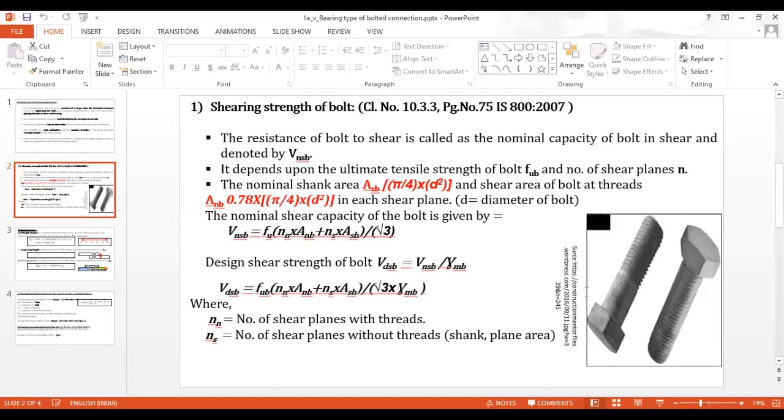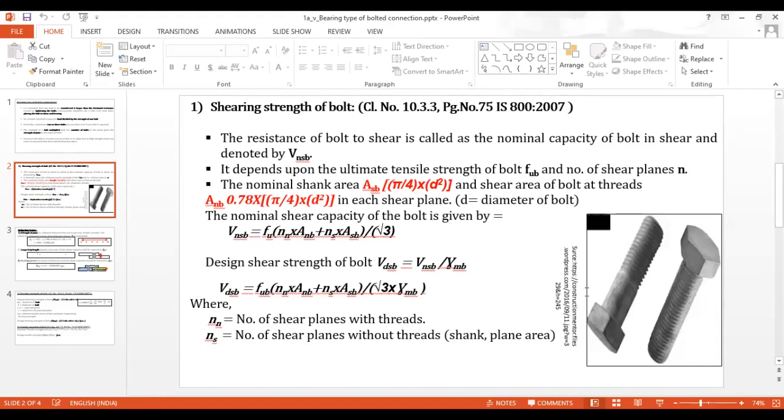That time we have to assume that NN is equal to 1 and NS is equal to 1. Second case, we assume that both the shear planes occur in the threaded portion. That time NN is equal to 2 and NS is equal to 0.